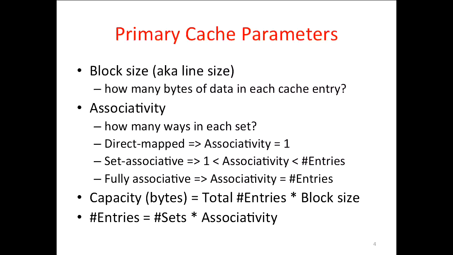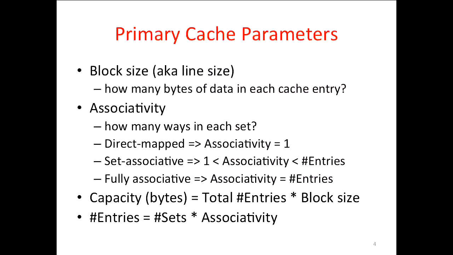In the direct map case, there is only one way in each set, so you only have to check one tag to see if there's a match. The other extreme is fully associative, where you search every entry in the cache, so you have to look at all those tags. The middle ground, which is the most common, is a set associative cache, where you have some number of sets, and within each set there is some number of ways. So it's a trade-off between the two extremes.